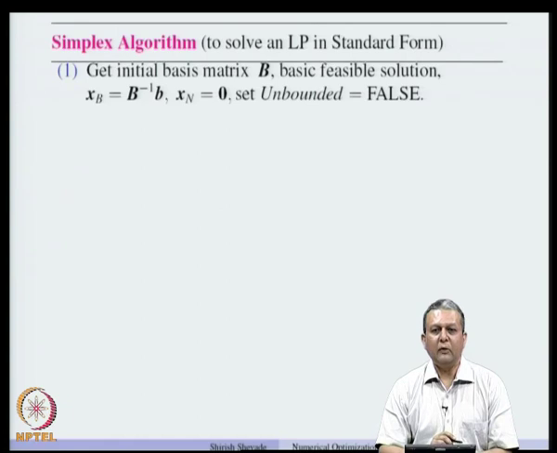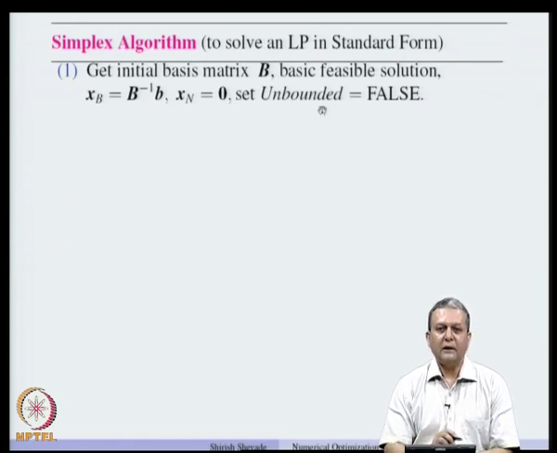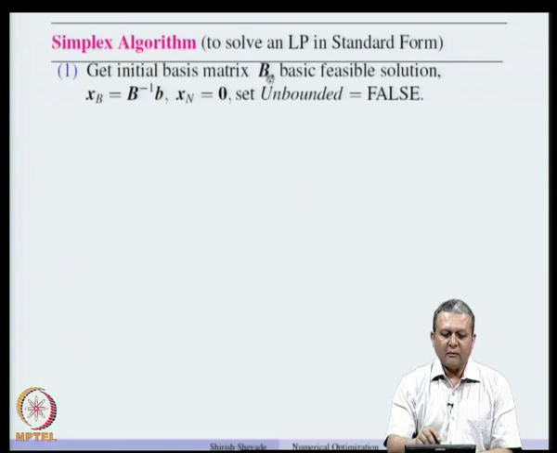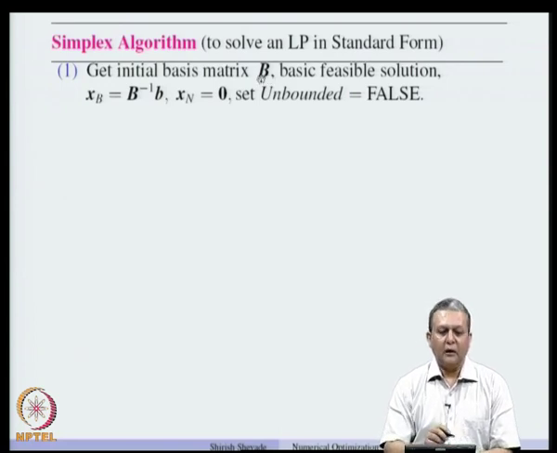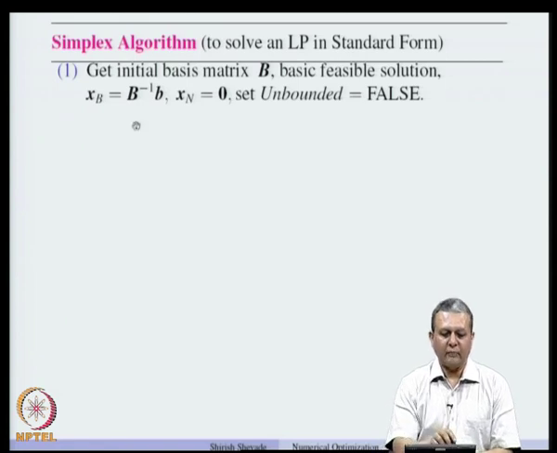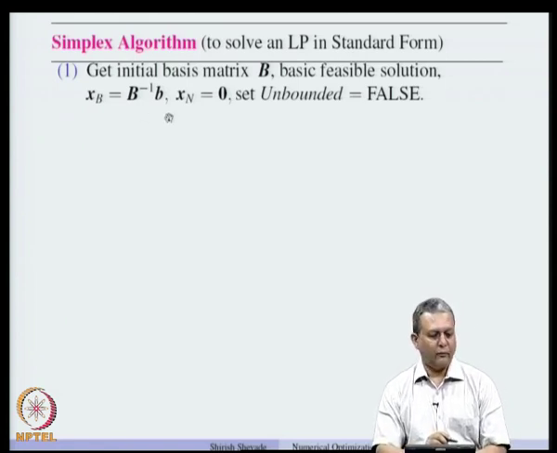Initially we have no idea about the status of the problem, so we set the variable unbounded to false, and it will be made true if the problem is unbounded. Given the basis matrix B, we get an initial basic feasible solution, x_B equal to B inverse b and x_N equal to 0.